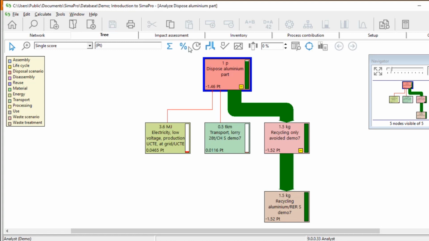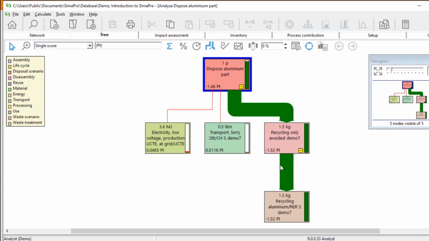Vice versa, if you see the percentage, you will get this one positive. If you see without percentage, you will get negative. So that means this is the opposite of this one, and you need to spend a bit of energy and resources from electricity as well. So electricity and transport are the negative environmental load.